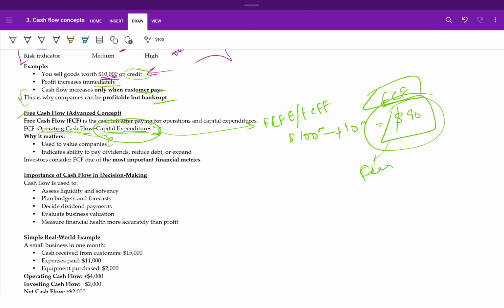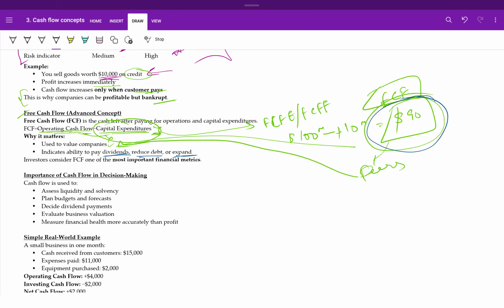They will be valuing the organization. If we have enough surplus, then we will be paying our investors dividends, paying back our debt, and expanding. So this $90 million of free cash flow is going to be the deciding factor.